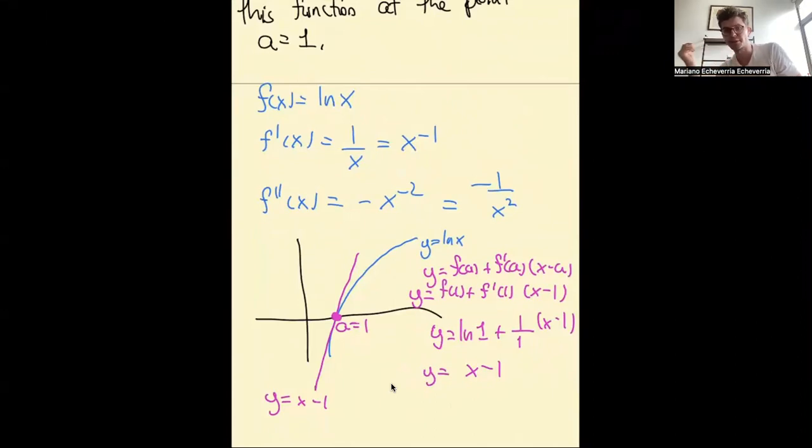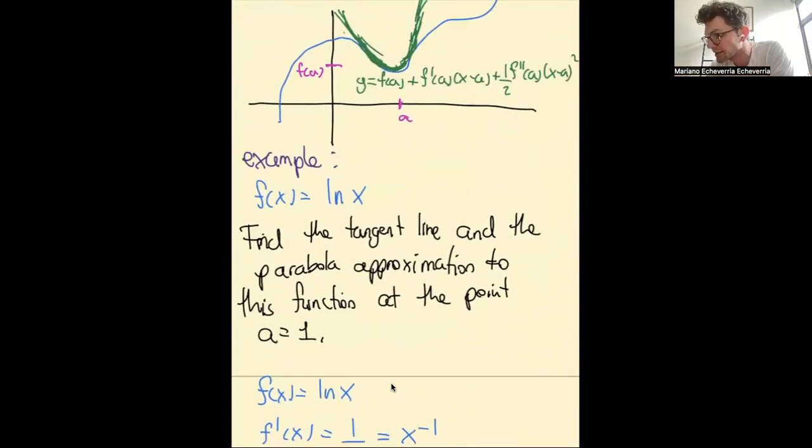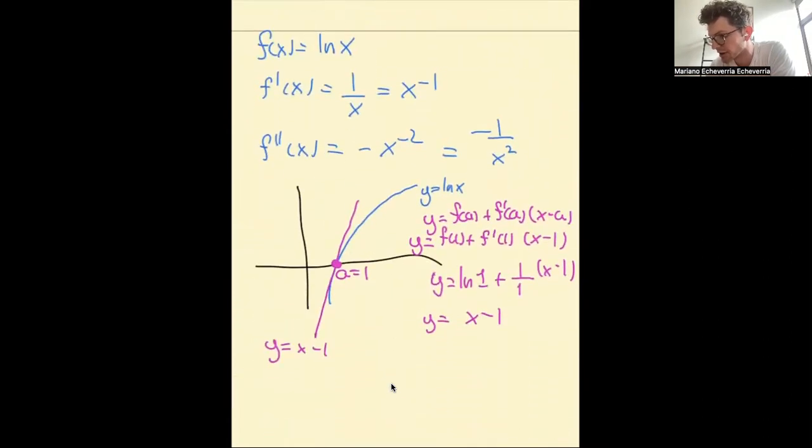But now, what's the approximation of the parabola, of the tangent parabola? By the way, no one calls it that, but you could call it tangent parabola. The approximation of the tangent parabola is this one that I wrote before. So this is for the tangent line.